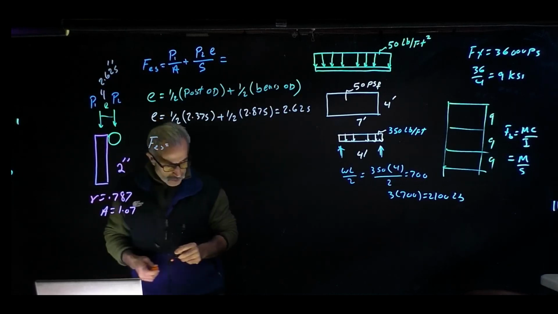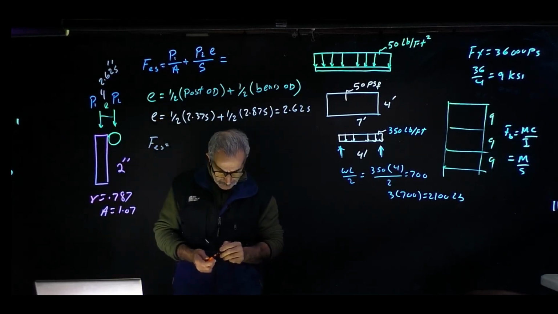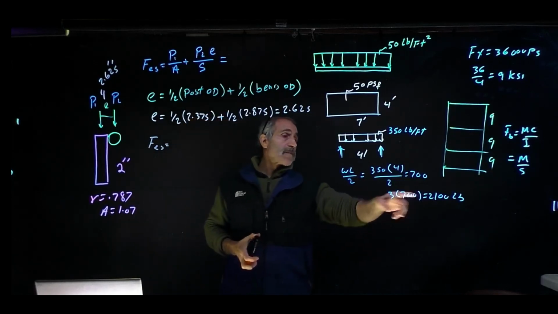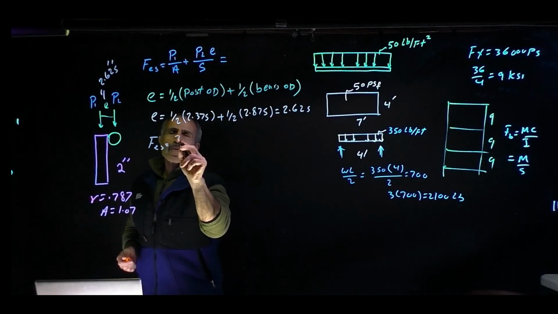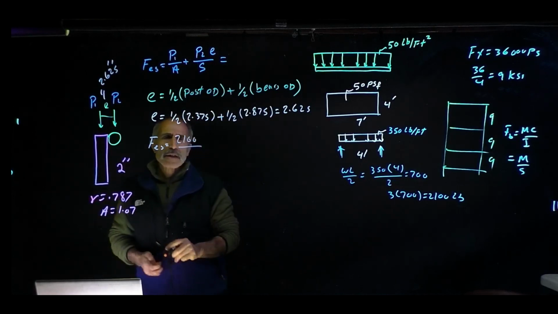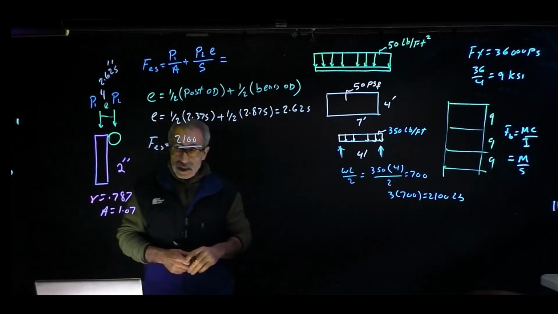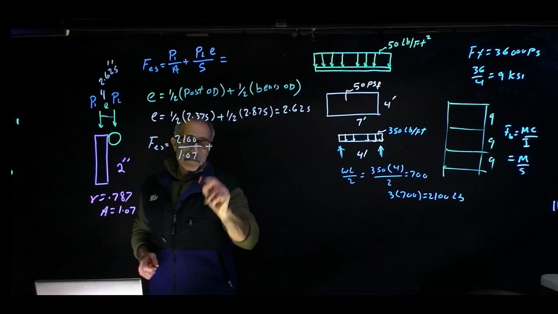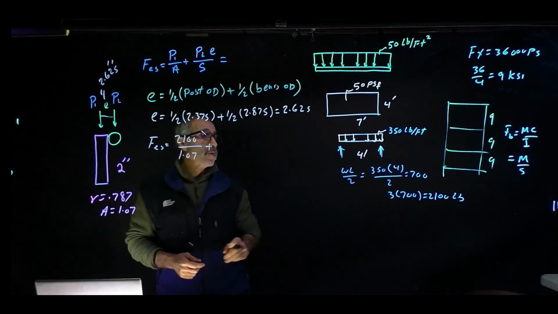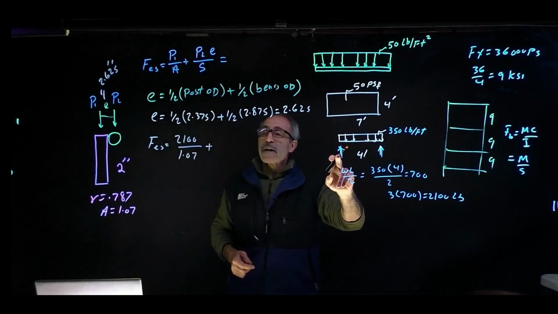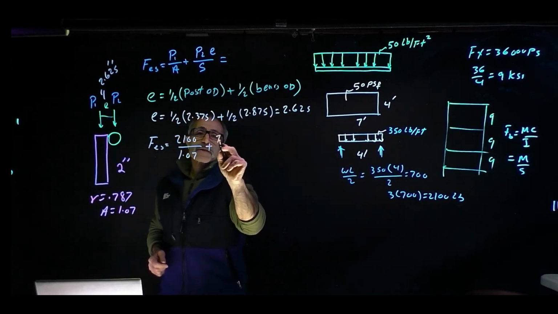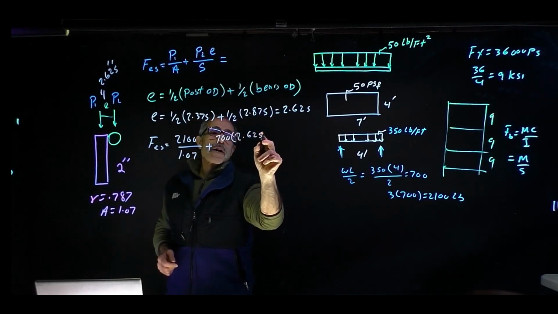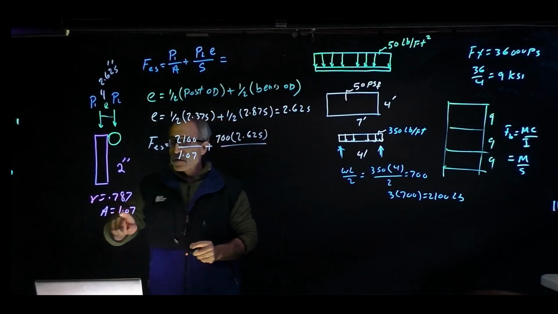Then we're going to calculate our stress. Our P1 we calculated became 2100. So 2100 divided by the cross-sectional area, and the area we said was 1.07, plus P2. P2 is this right here. That's the reaction, which is 700 pound, plus 700 times 2.625, divided by the section modulus for this.